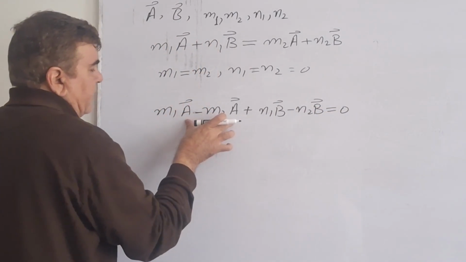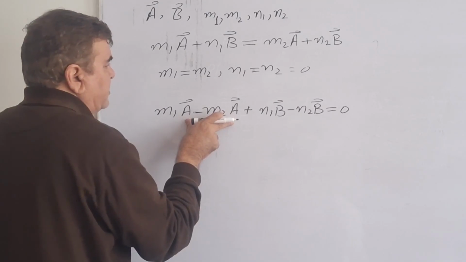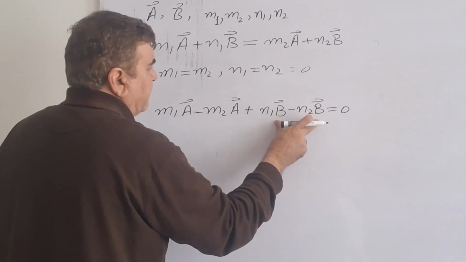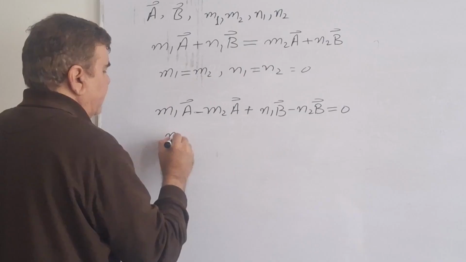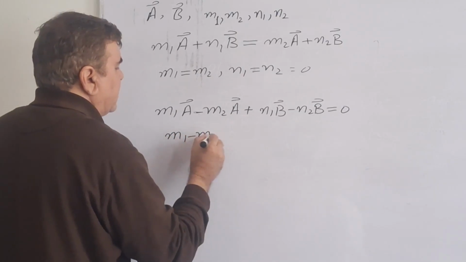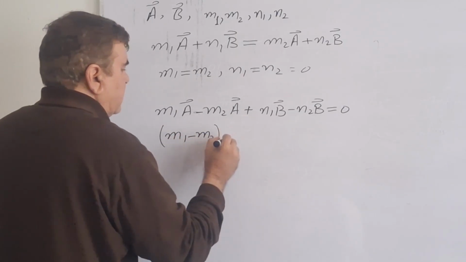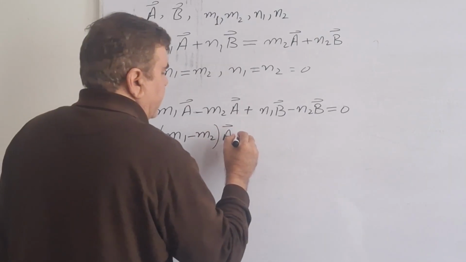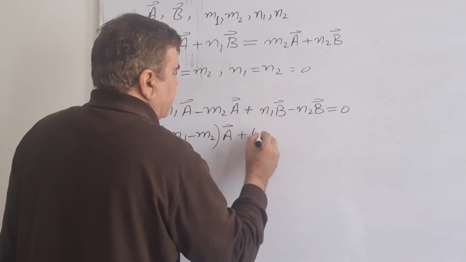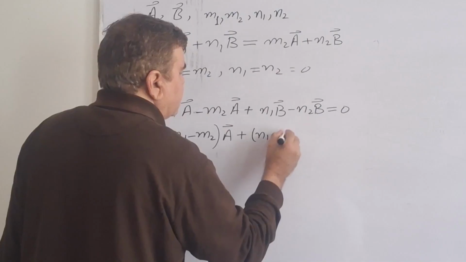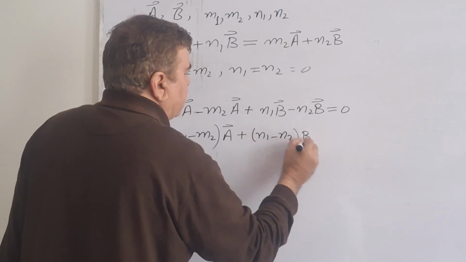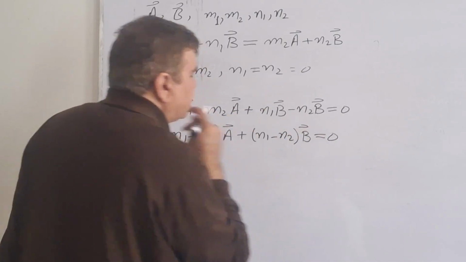Taking vector a common from these two terms, vector b common from these two terms, I can write this as (m1 minus m2)a plus (n1 minus n2)b equals 0.